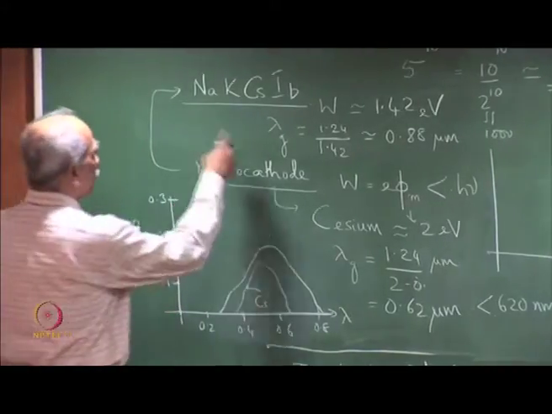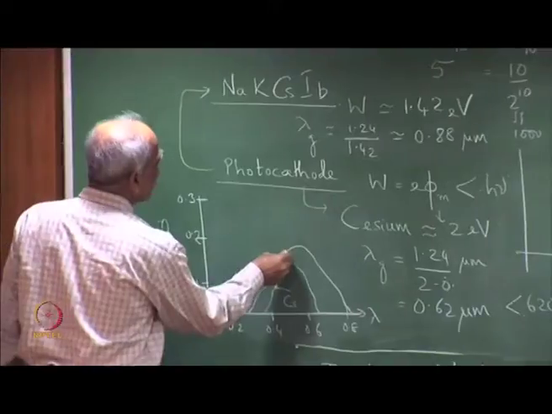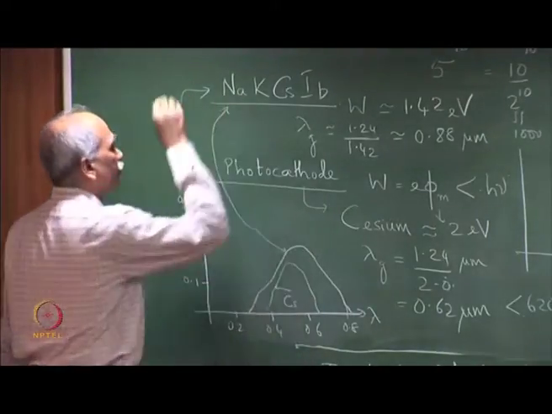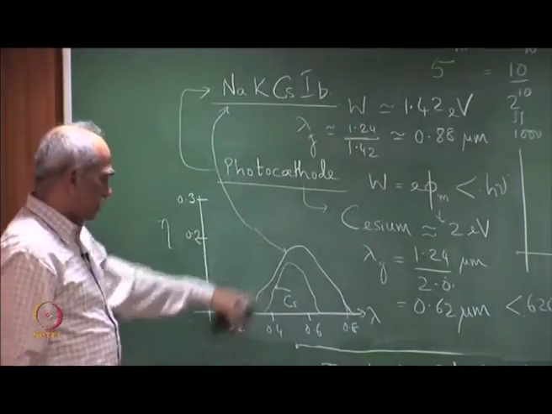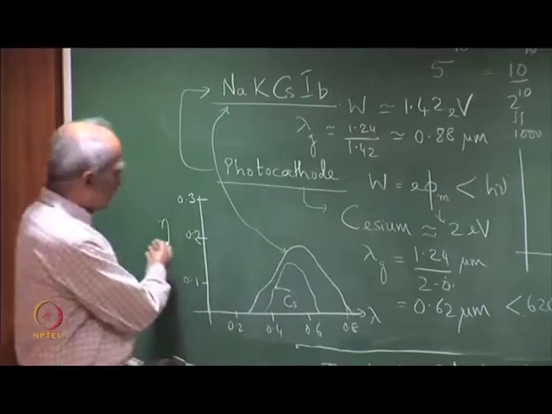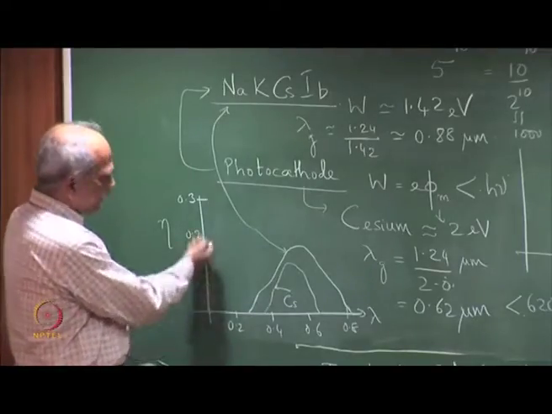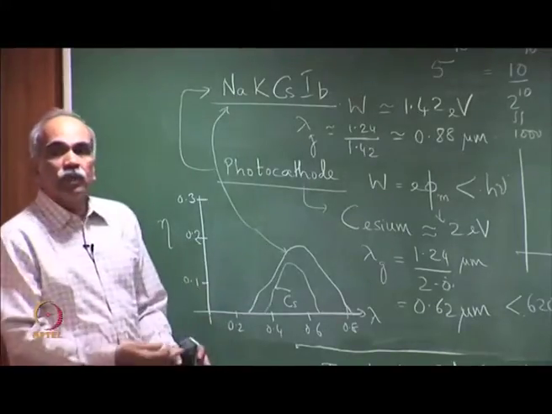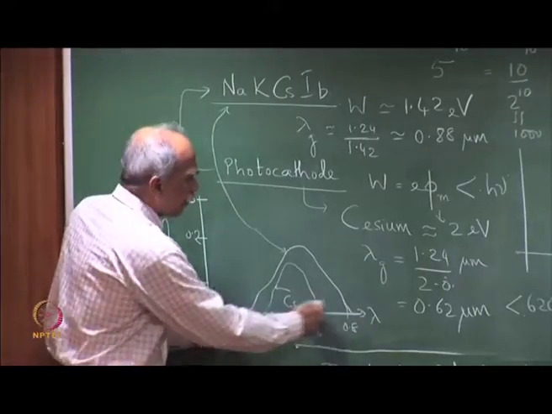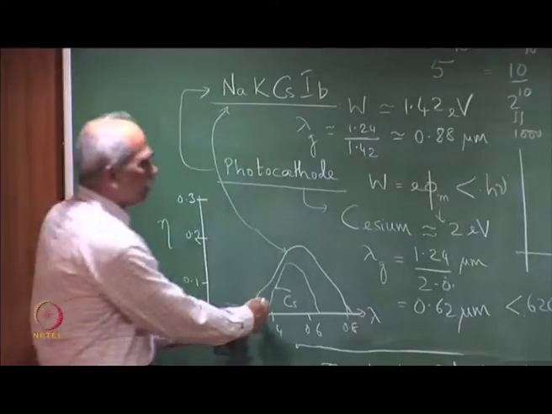So, this is for this material and this is for cesium, and the curve which I have shown here is for these photocathode materials. But the important point to recognize is that the quantum efficiency is finite and usable quantum efficiencies are primarily in the visible range.